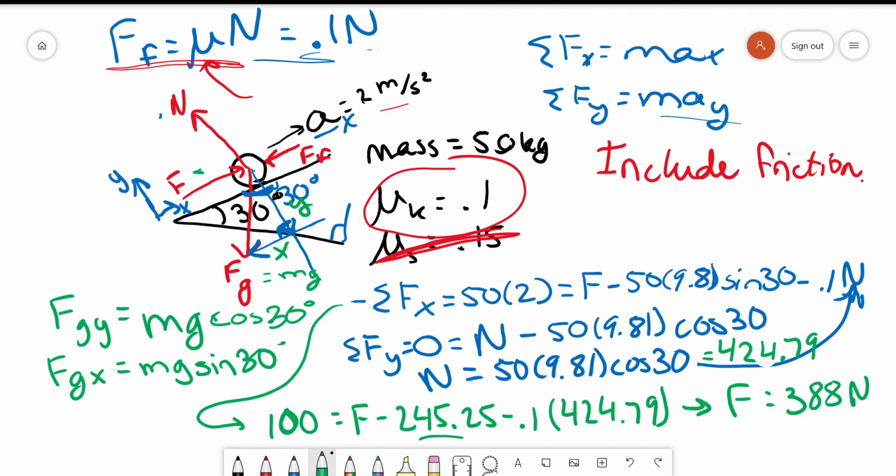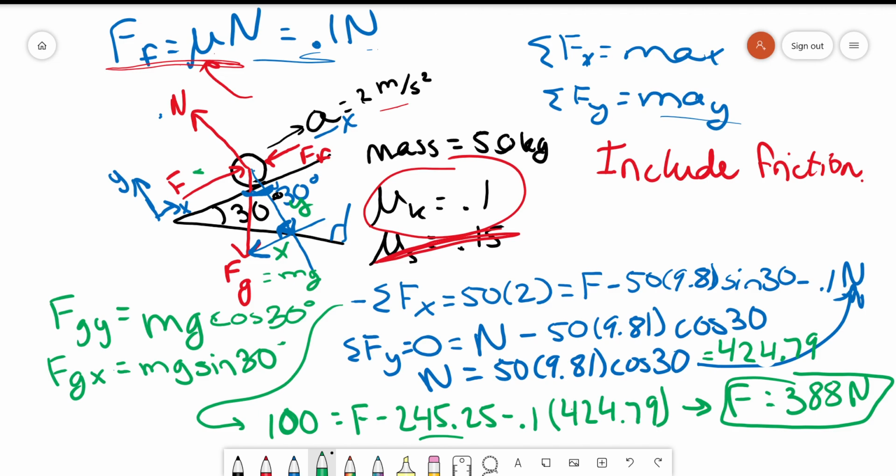I'm just going to round up to the nearest whole newton. And again, on homeworks or just in life, you should probably ask what you want to round to. Normally you follow sig figs. I'm just rounding to the nearest whole number for the sake of ease. And that's it.